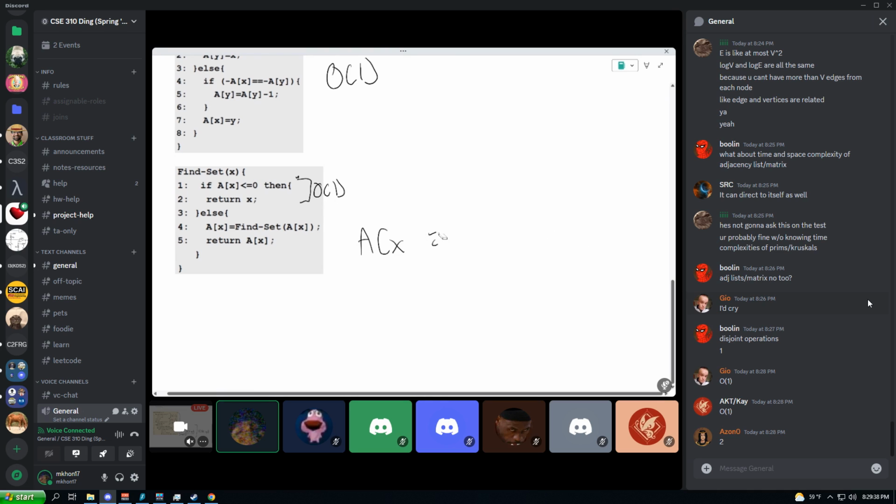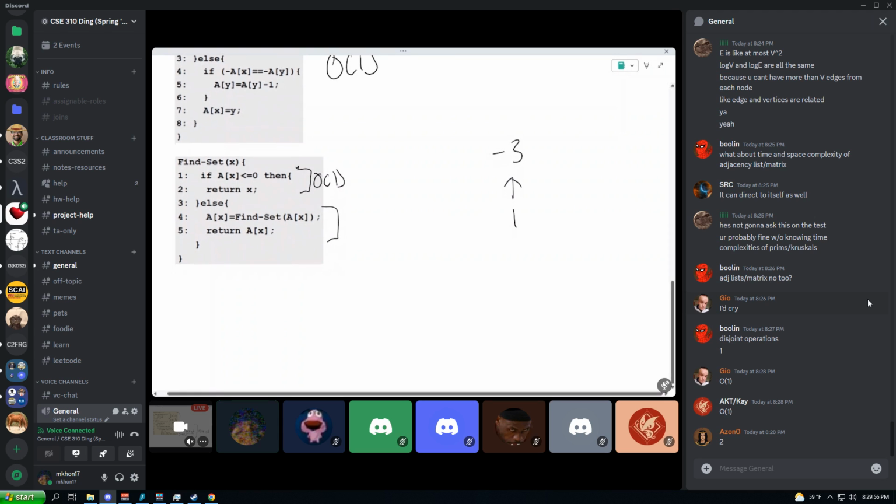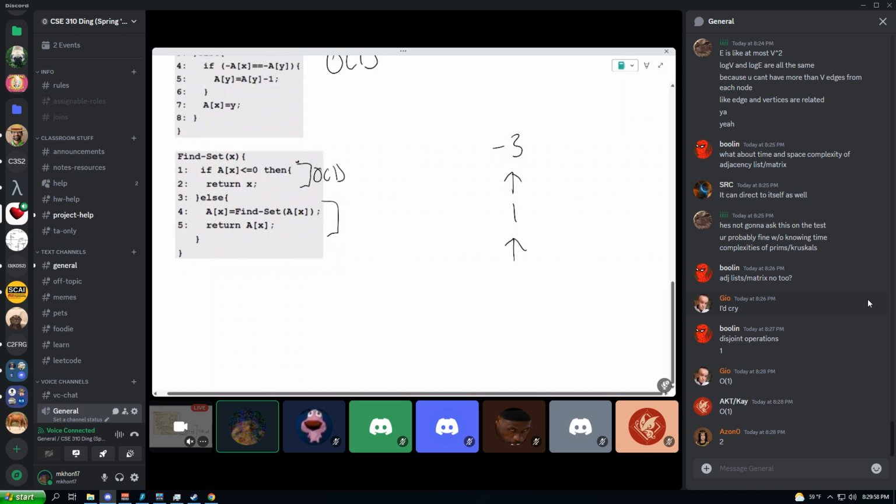Because it's recursive, it should be like that. Otherwise, we have to do a of x is equal to find set a of x. If I had -3 and I did a of 1, then I get 1 and call it a day. Otherwise, if I did a of 2, it is not less than 0, so I have to actually do the find set and then return that.